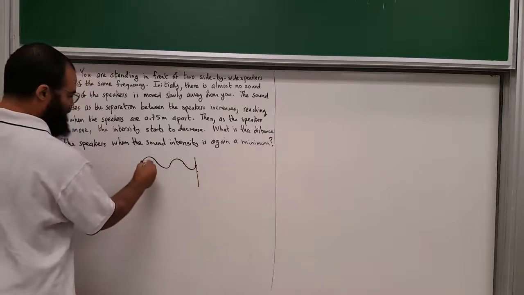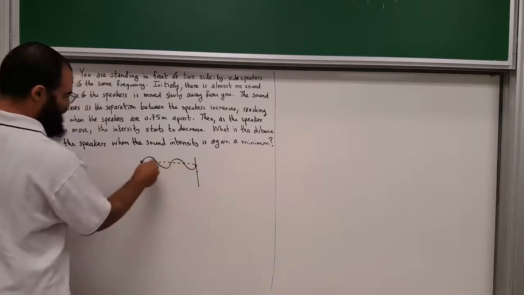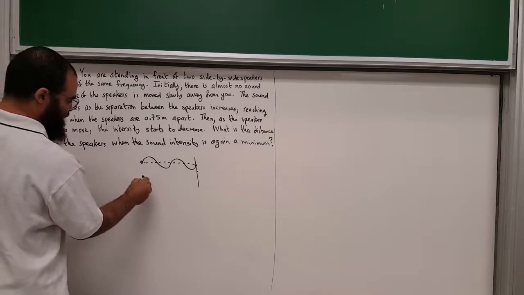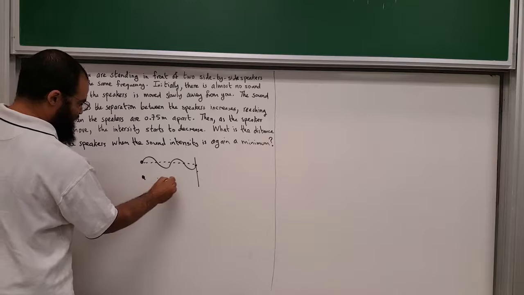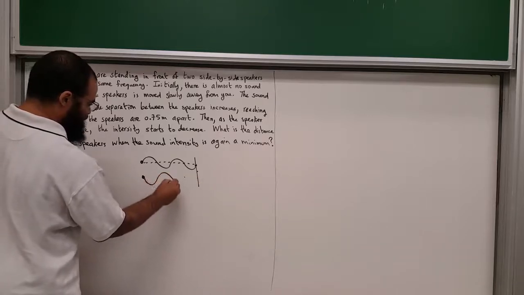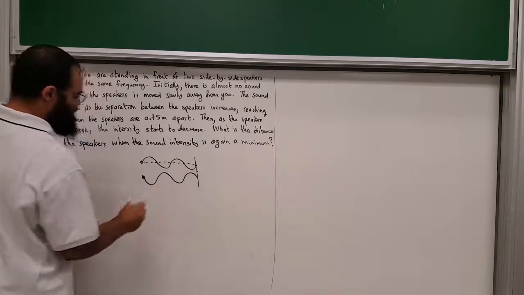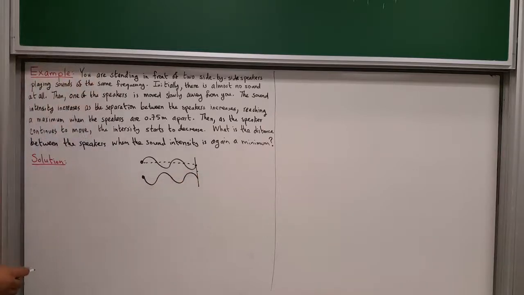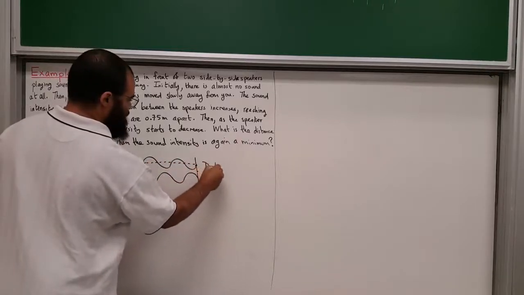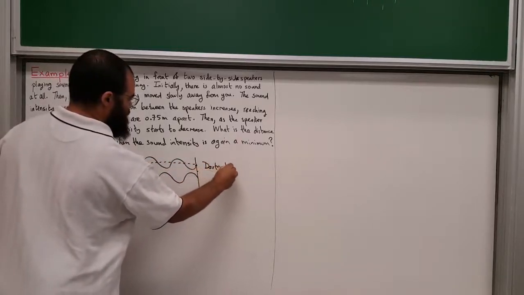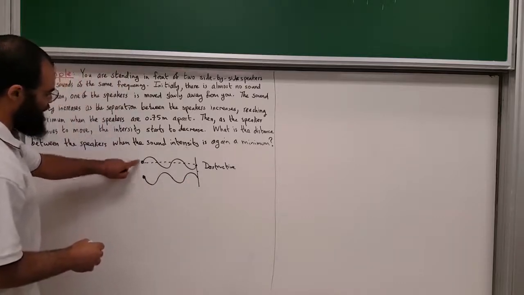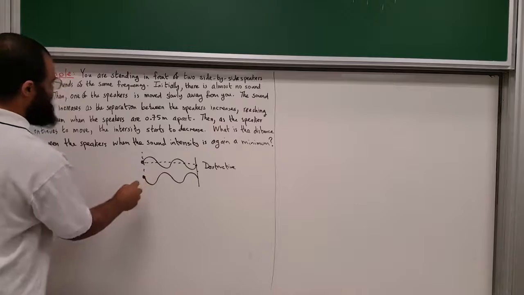For it to be destructive, the wave from this speaker here needs to be doing the opposite of what this one is doing, and now it's destructive interference. So x for this one and x for this one are the same. They start at the same position in space.